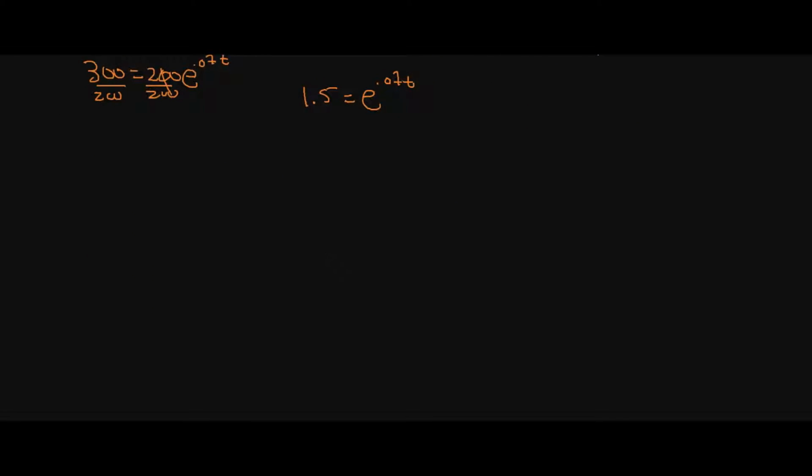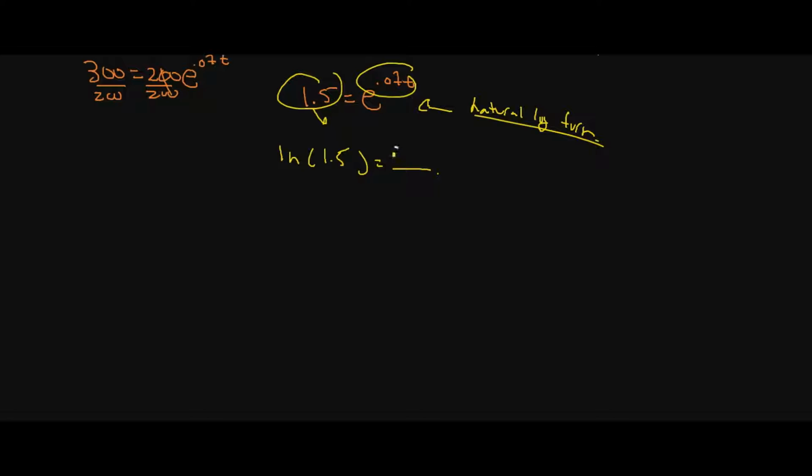Well, to solve this problem, we can take ln of both sides, like we have been. Let's convert this to its natural log form, or its inverse form. Well, we know e is so special, it's got its own inverse function, ln. If this is your output, that's now going to become your input, and if this is your input, that becomes your output: 0.07 times t.